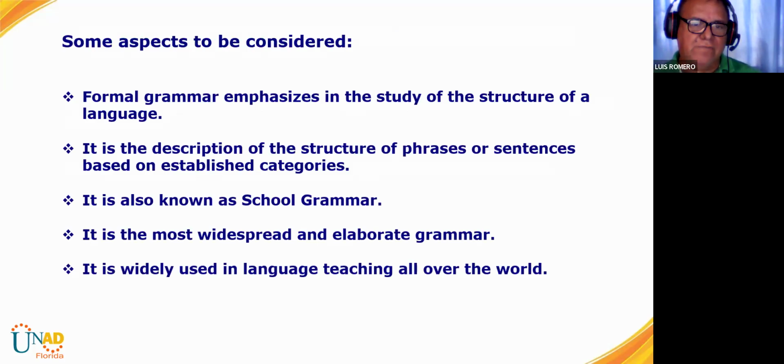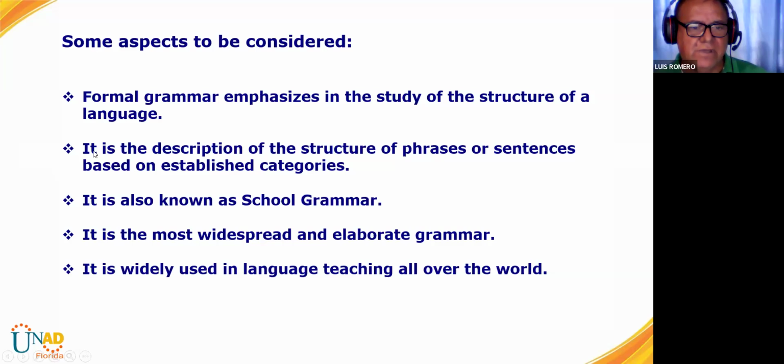Here you have some aspects to be considered about what formal analysis is. One, formal grammar emphasizes the study of the structure of a language. I said that some minutes ago. It makes emphasis on the structure of a language, and it can be done not only in English, but also in many other languages.